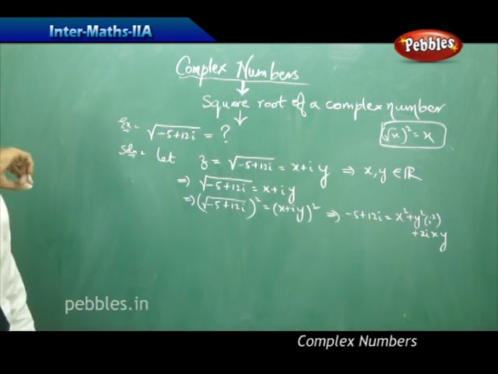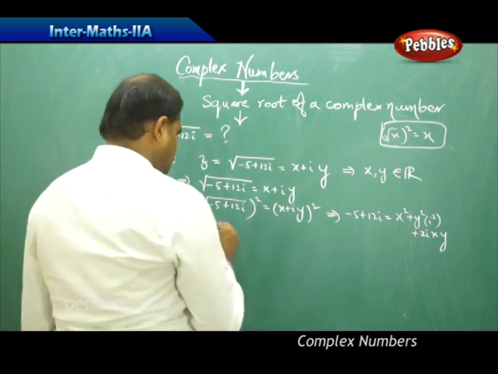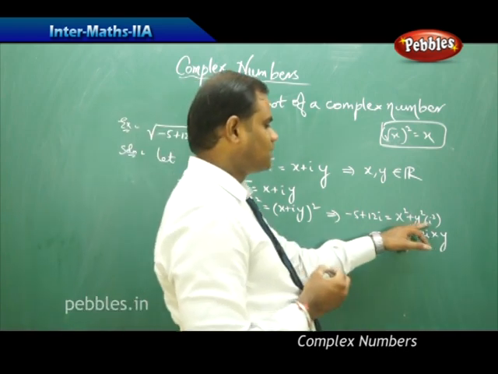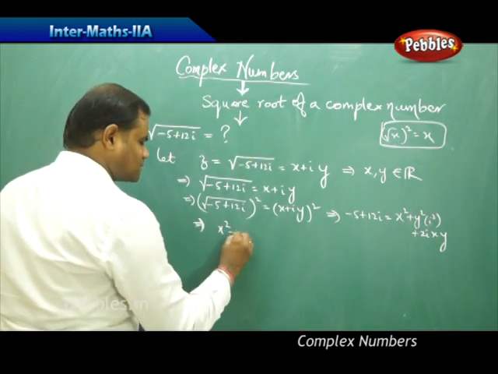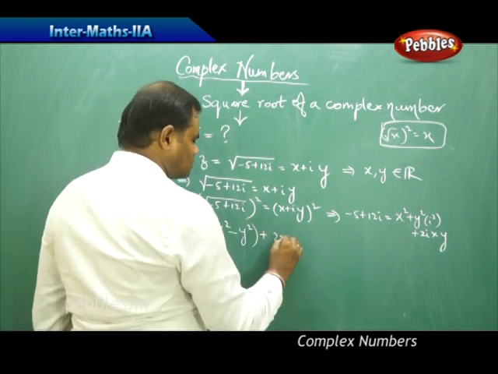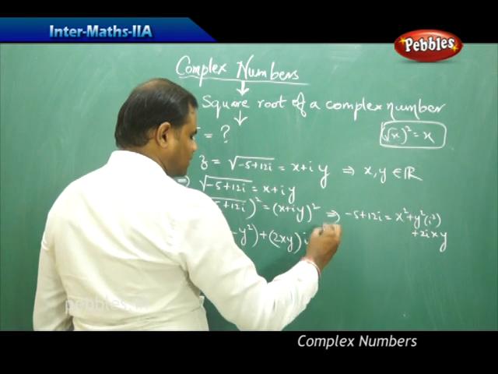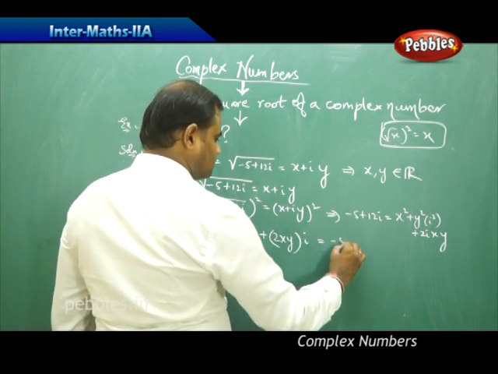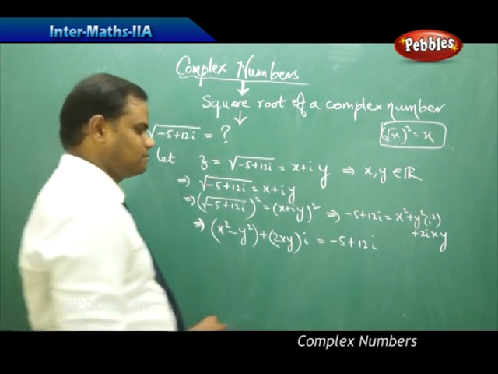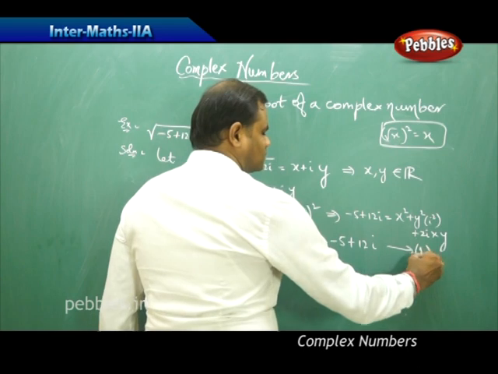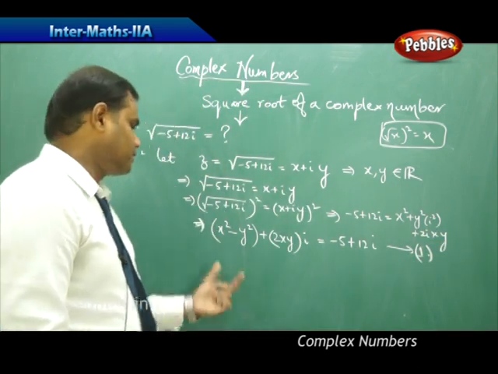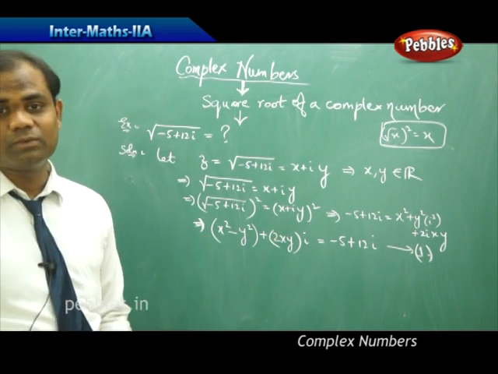So that implies I get x² + i²y² + 2ixy. I² being -1, I get this as x² - y² as the real part, plus 2xy times i, that is -5 + 12i, which I get as equation 1.